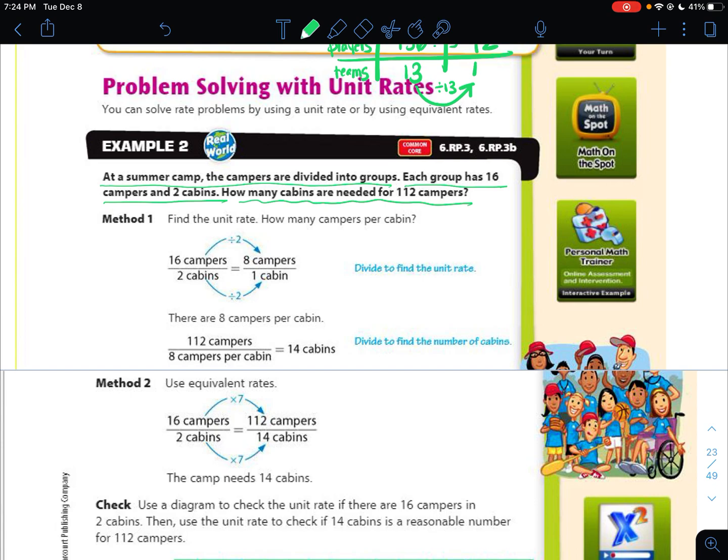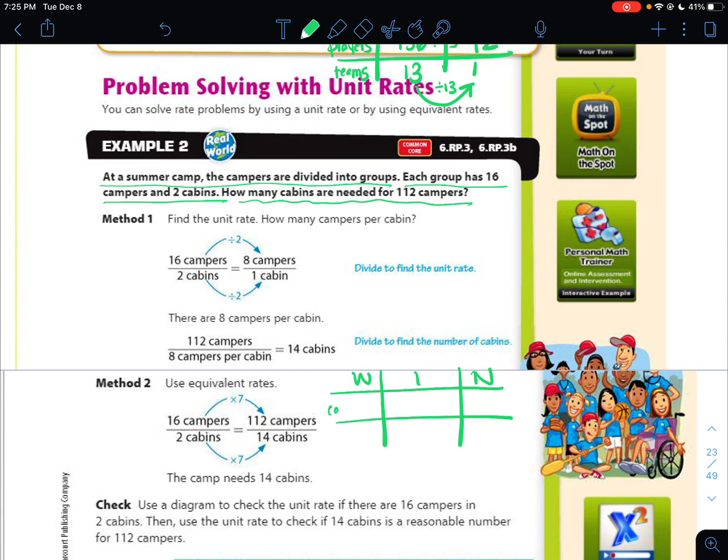112 campers? So what is the best strategy to do this? I would use a hashtag, and I would figure out my WIN, and I would put my 2 words in.